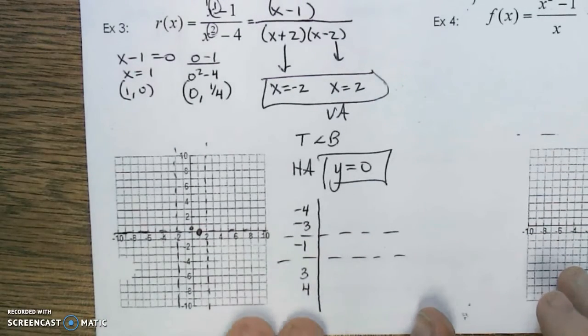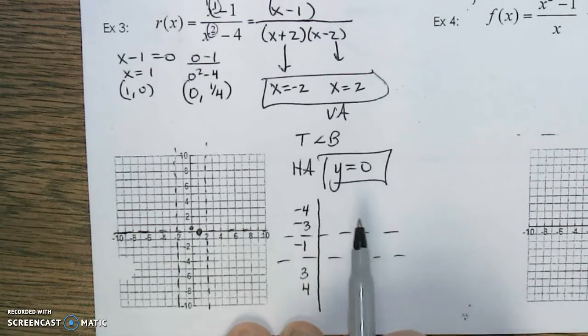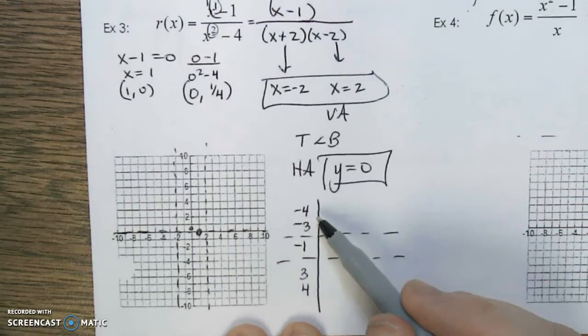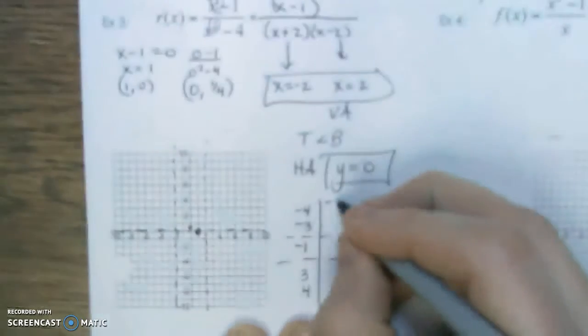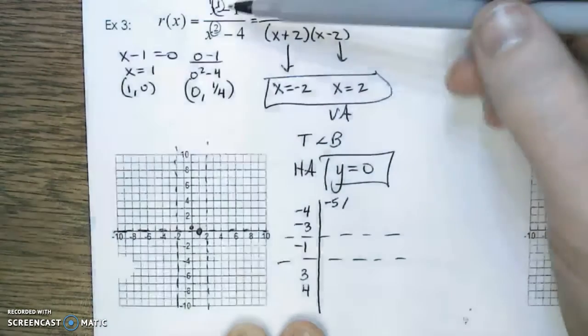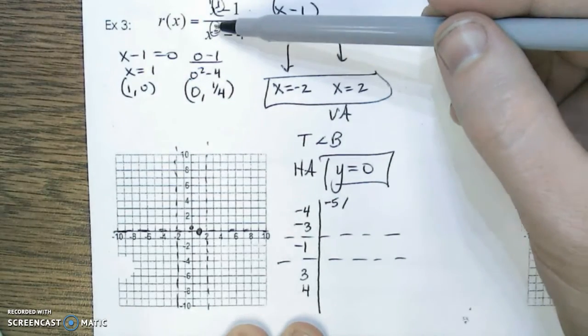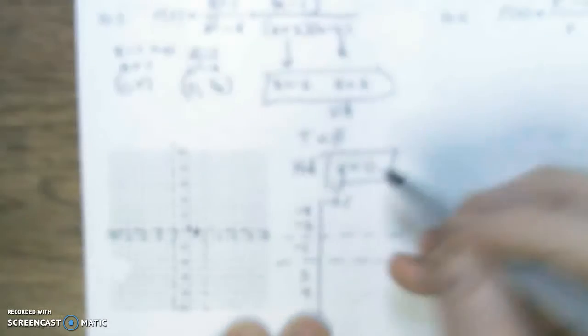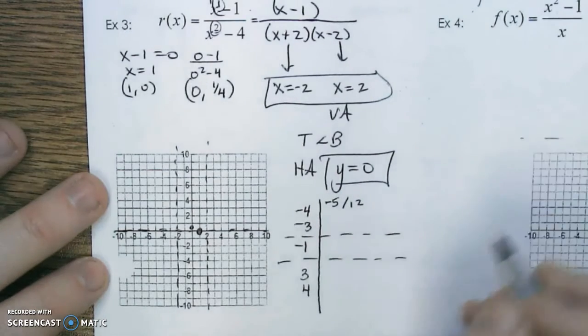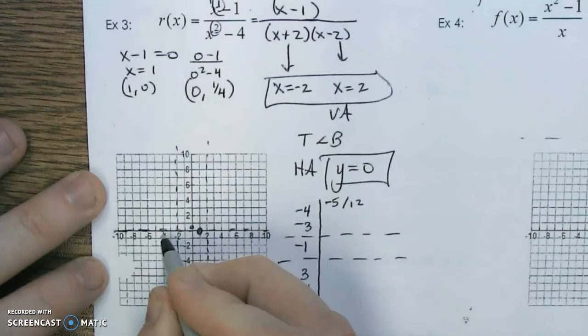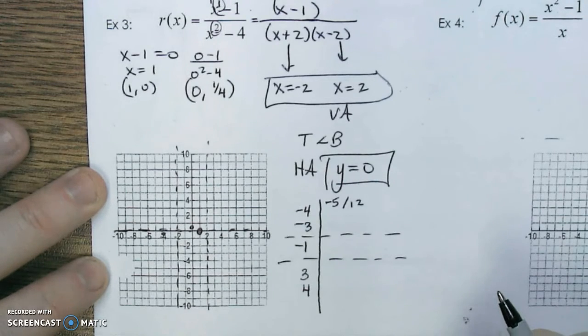So if I plug in negative 4, on top, I'm going to get negative 5. And on the bottom, I'm going to get 16 minus 4, so 12. So I'm getting negative 5/12. So negative 4 is pretty close to the dotted line.